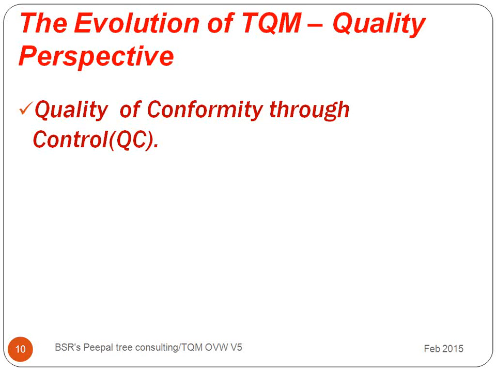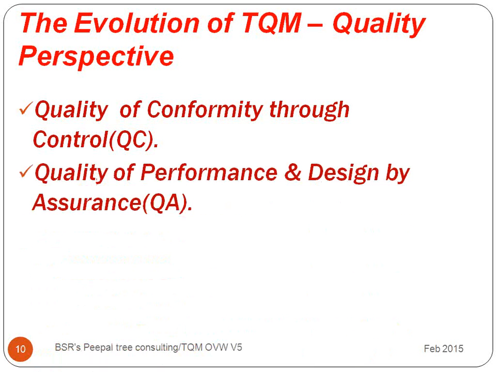Quality of conformity purely through control was no longer an answer to management, and therefore came the next stage of evolution, which you can call quality of performance and design by assurance, which came to be known as quality assurance. There was a lot of focus on the upstream processes. Even during the process design or the product design, people were addressing the needs of the customer.